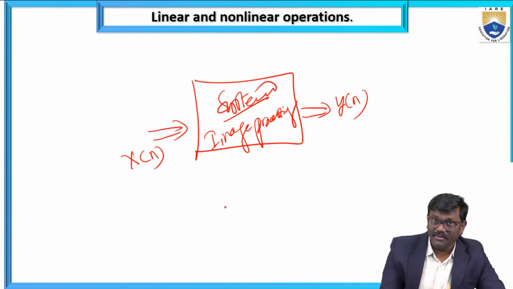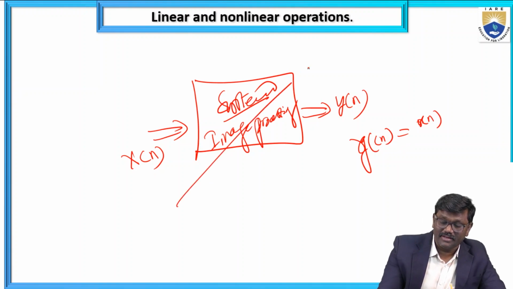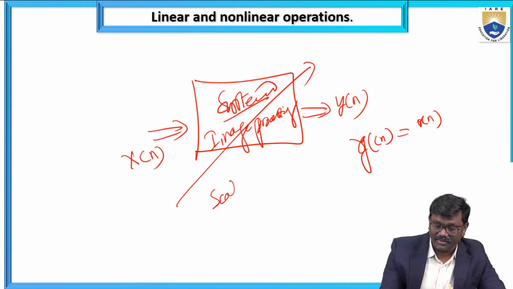So for maintaining y of n equal to x of n, we are going to keep some scaling parameters here, applying a scalar parameter.